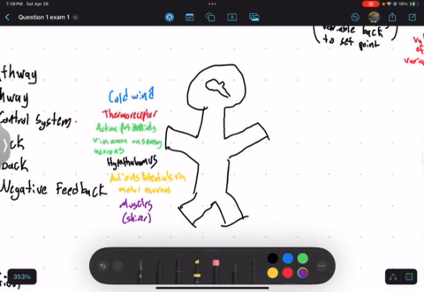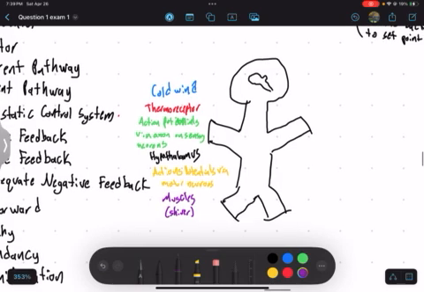Another thing this cold wind will do is it will send a signal through the thermoreceptor and cause an action potential to be sent via axon on sensory neurons, triggering the hypothalamus to send a response. And then it'll send another action potential via the neurons to the smooth muscles of vessels to vasoconstrict.